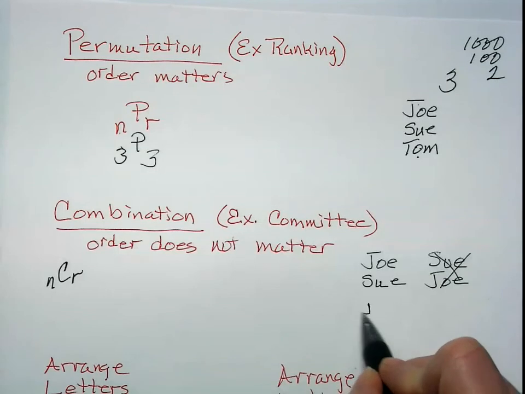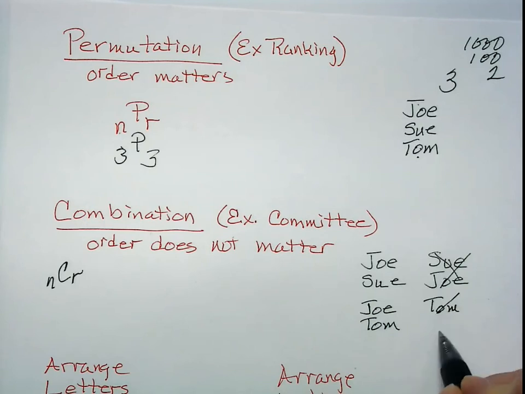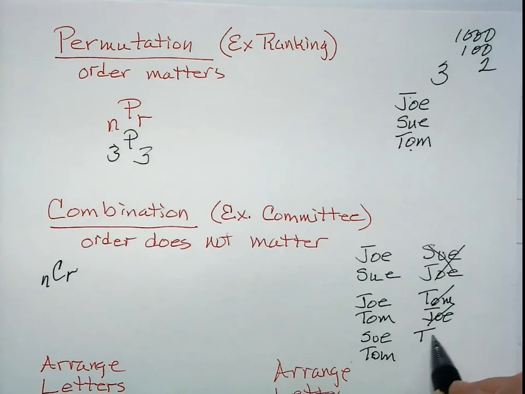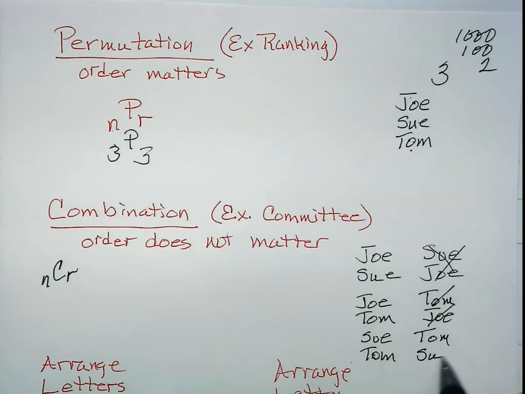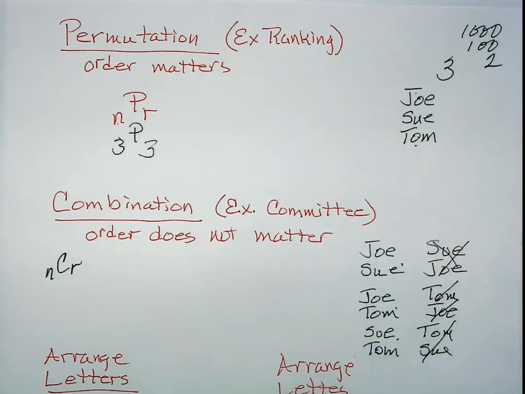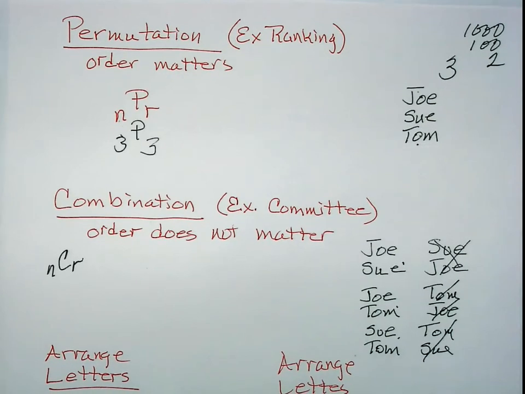I do count Joe and Tom, but I do not count Tom and Joe. Okay? And the last one would be Sue and Tom, but I would not count Tom and Sue because they're the same people. So there are 3 ways if given 3 people and I want a committee of 2.